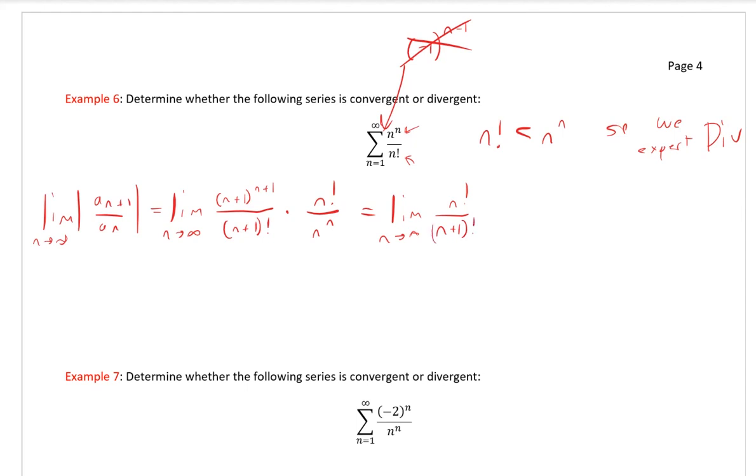But we also have n plus 1 to the n plus 1 over n to the n. Now here, we see n plus 1 and n plus 1. And on the bottom, we have an exponent of n. So we can actually take out one of those n plus 1s, like so. That way, these two both have the same power.